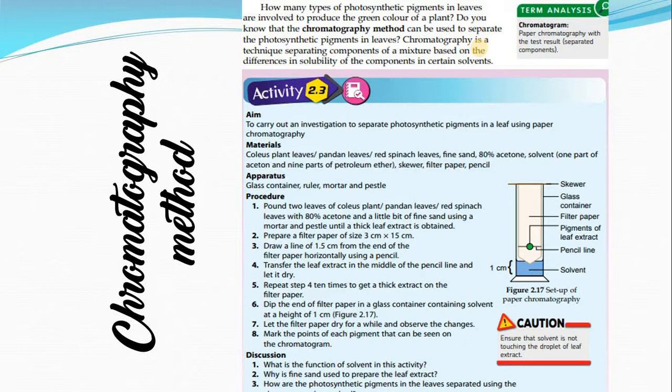Is there only chlorophyll involved in photosynthesis? Actually, there are a few more photosynthetic pigments in the leaf that are involved in photosynthesis. So, how can we separate the pigments? By using the chromatography method, yeah?